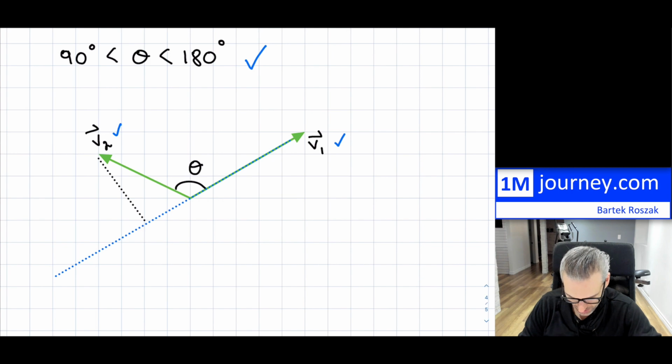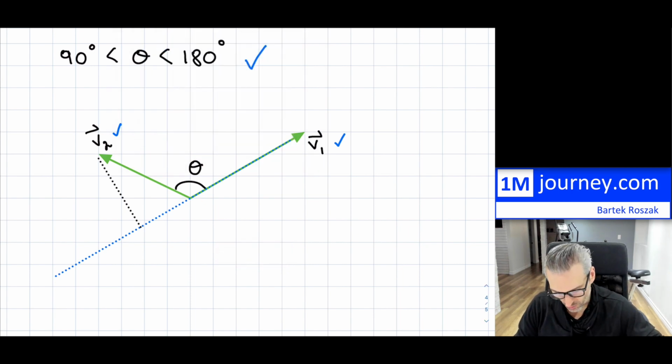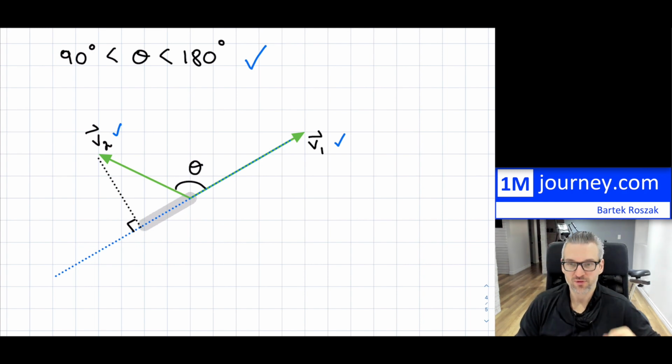So I'm going to just drop this down, and let's create a 90 degrees there, as well as I can. That shadow is now being dropped on the opposite side. So it's still collinear with V1, but it is in the opposite direction.